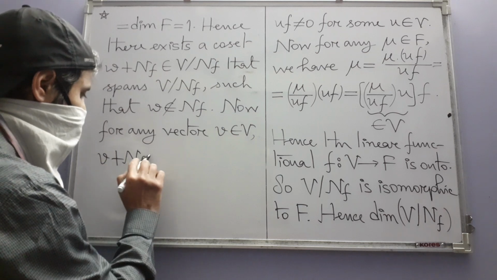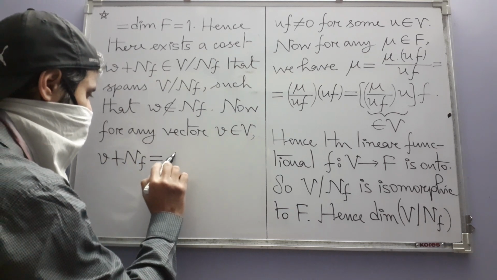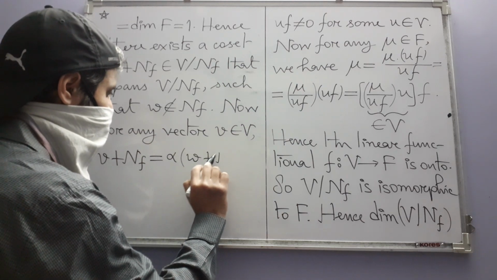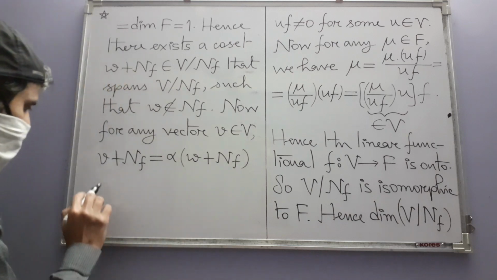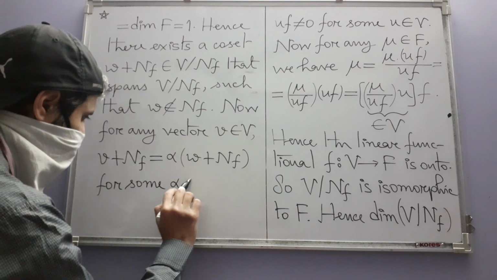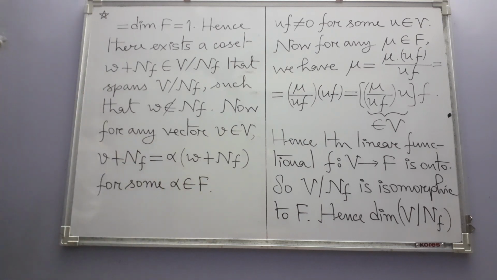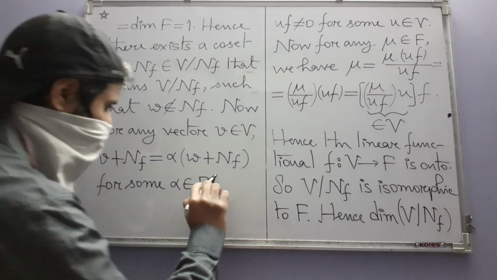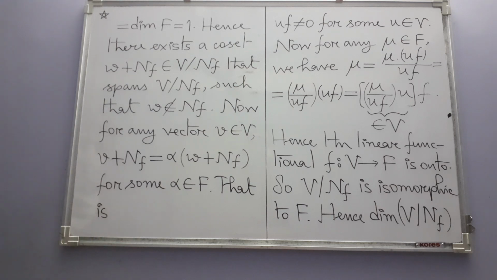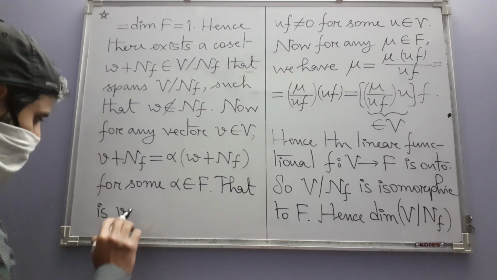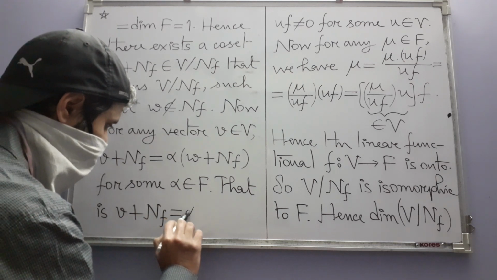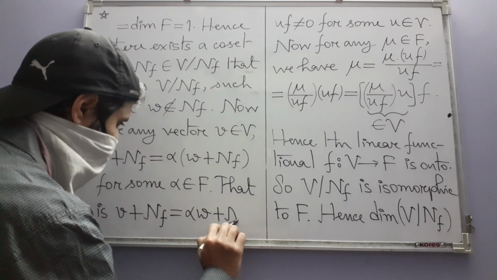That means this will be equal to alpha times w plus nf for some scalar alpha, that is v plus nf is equal to alpha w plus nf.